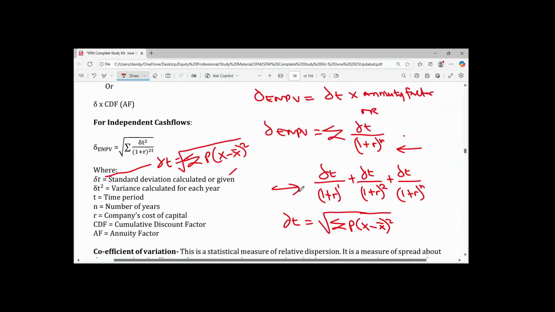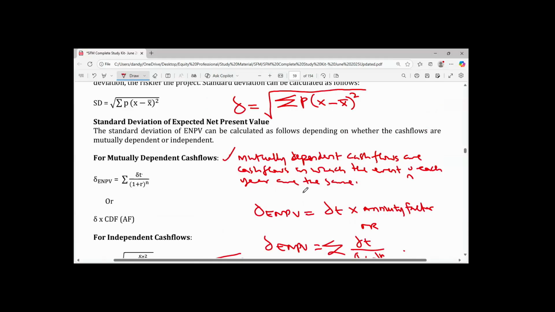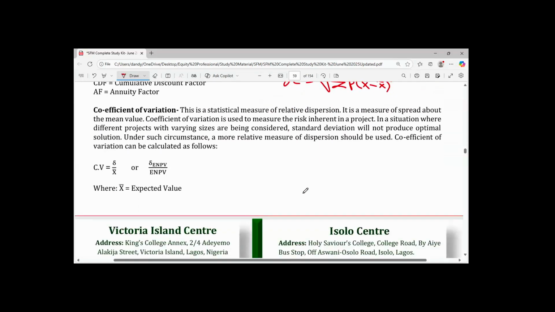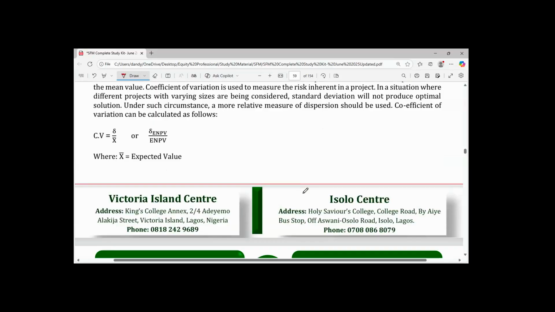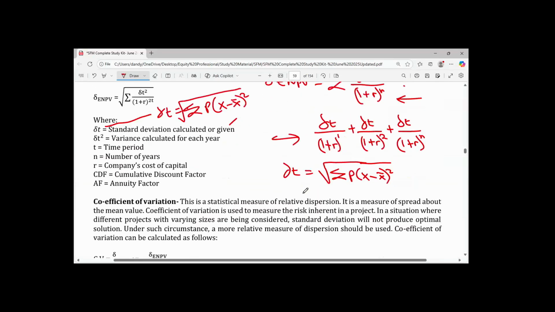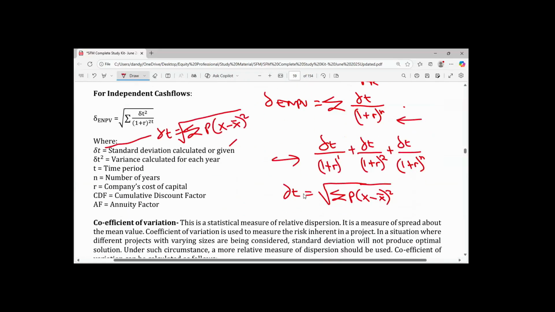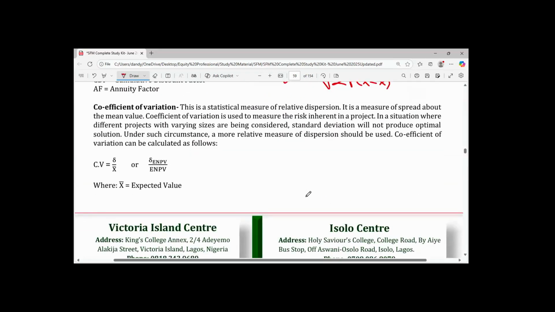I repeat, independent cash flow is a standalone cash flow in which the events in each year are the same. Let me put it down somewhere for you. Let me just put it here.